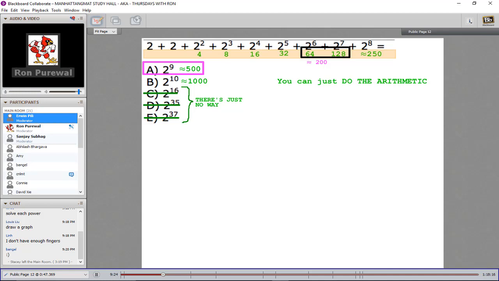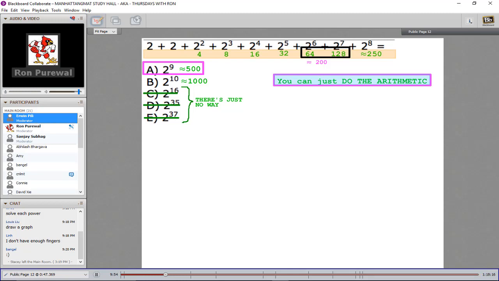In other words, literally nobody should ever get this problem wrong. Because assuming you can multiply by 2 over and over again, you can get this problem right. If you got this problem wrong, what that means is one of two things happened.